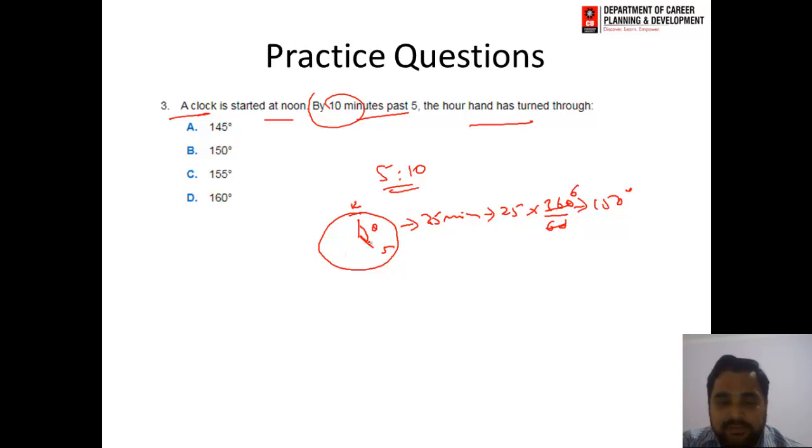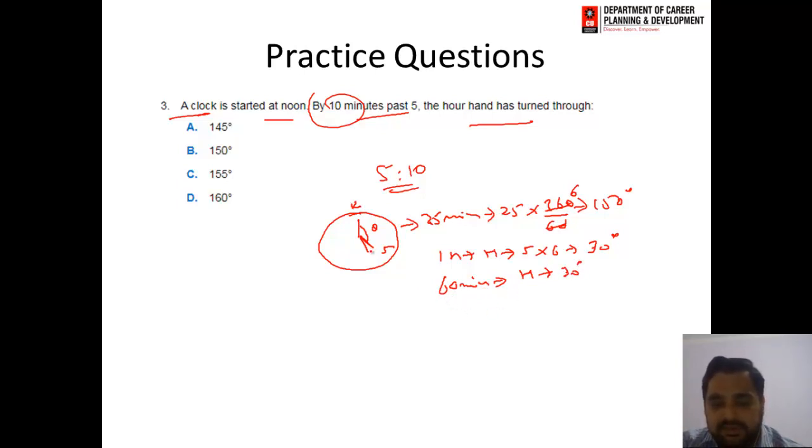But in the 10 minutes, our hand proceeds somewhere ahead. So we know that in 1 hour, our hand moves 5 minute steps, which is 30 degrees, and in 1 hour we have 60 minutes. So we can say in 60 minutes our hand moves 30 degrees.